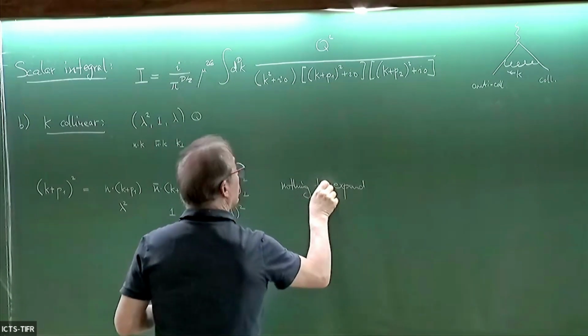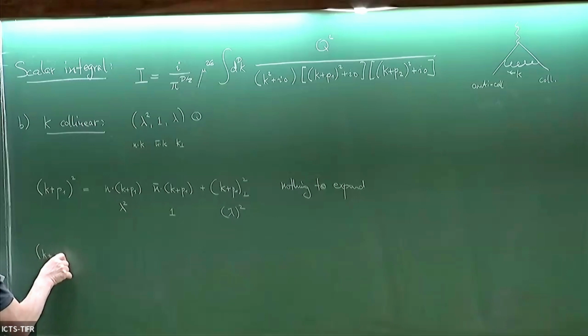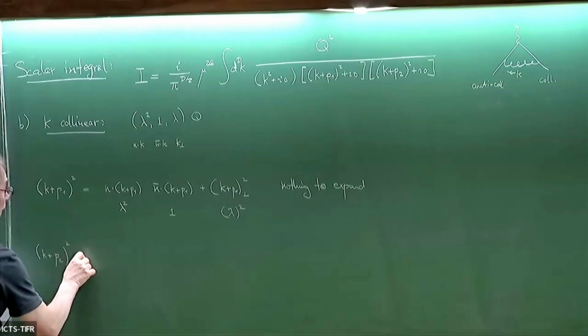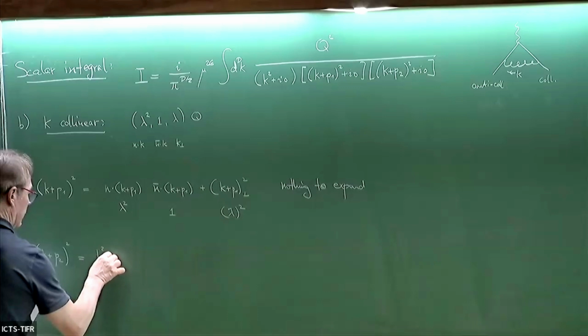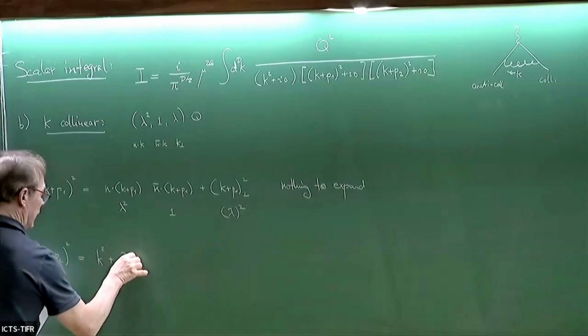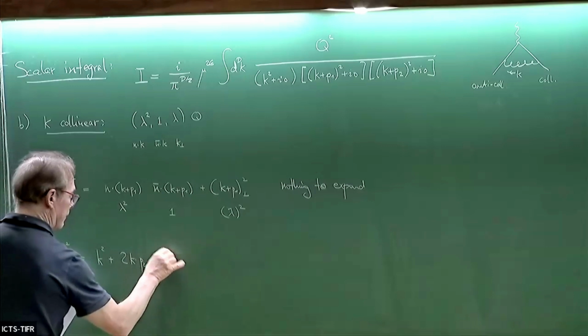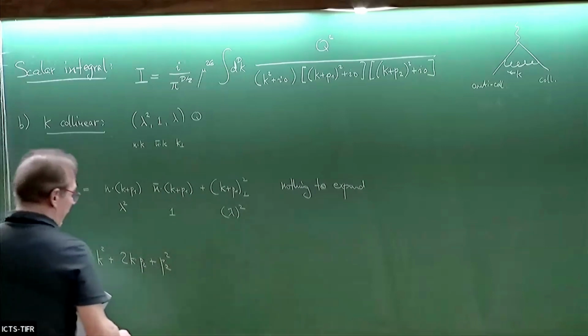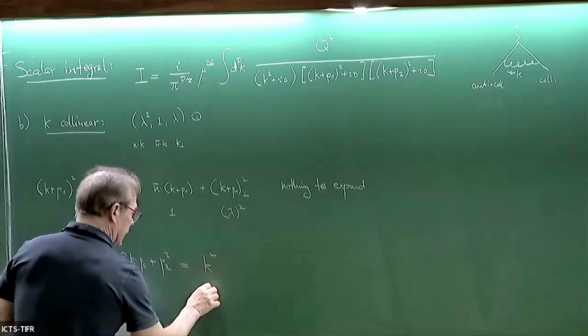However, for the second momentum, this will not be the case. (K plus P2) squared. Again, let me write it out like here. This is K square plus 2 K dot P2 plus P2 squared. K square is of order lambda square.